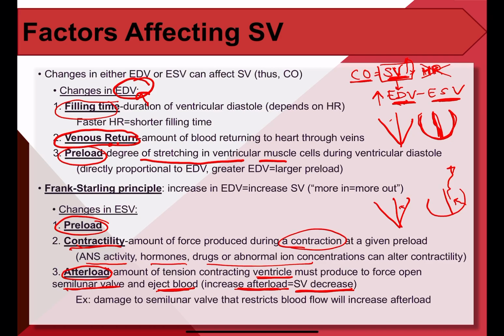Well, that's what afterload means: how much force you have to put on that door in order to push it open. When the valve itself is malfunctioning, you're going to have to use more afterload. And if you're having to push harder to open the semilunar valve, not as much blood is released into your stroke volume. That's why an increase in afterload results in a decrease of your stroke volume.